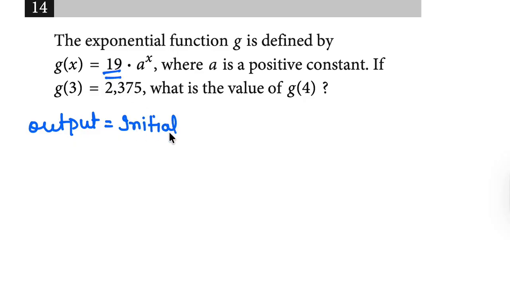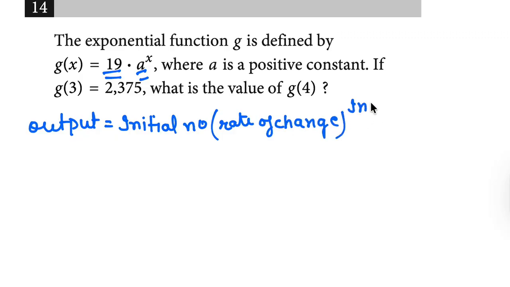That means whatever process you are going to start, you are starting from here. So that is the initial number. This a is the rate: at what rate is it changing? That is the rate of change. And here, that is the input.